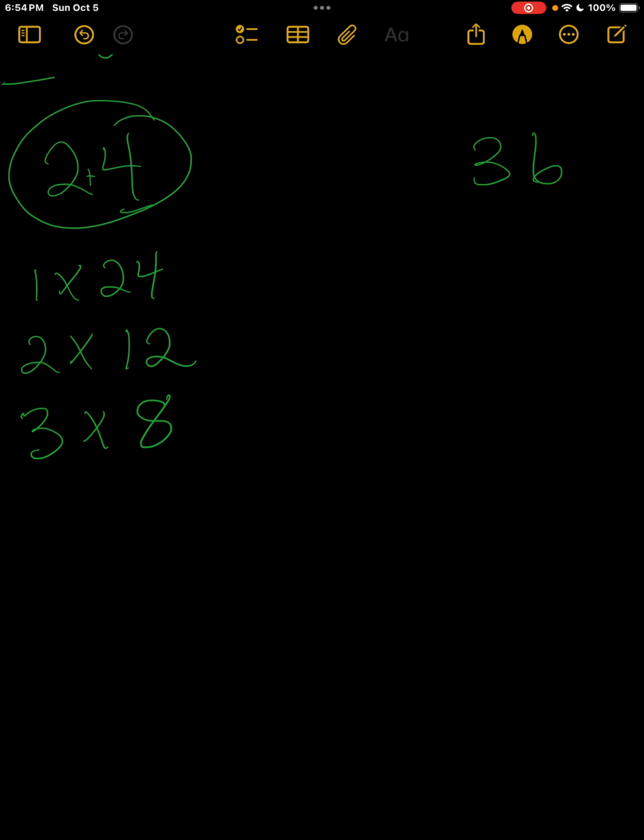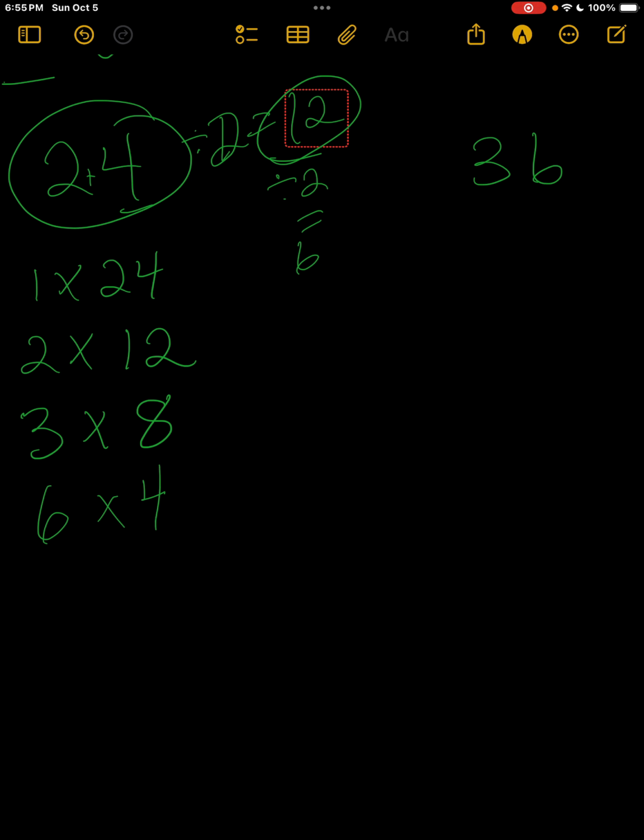4 rather, yes, because if you divide 24 by 2, you get 12, and then 12 is an even number, and if you divide 12 again by 2, you get 6, and that's the same thing as dividing 24 by 4, just dividing by 2 twice.